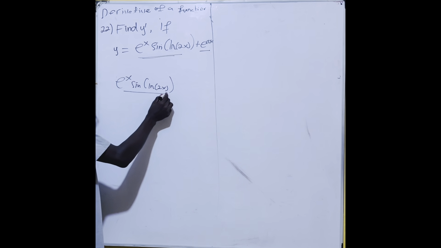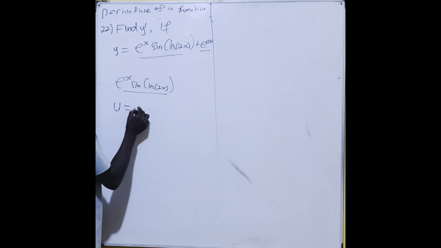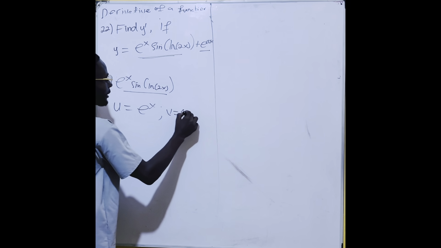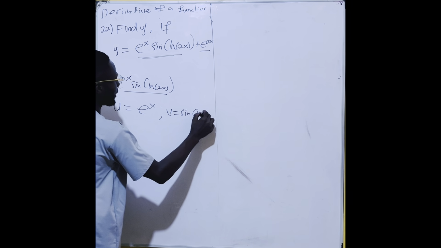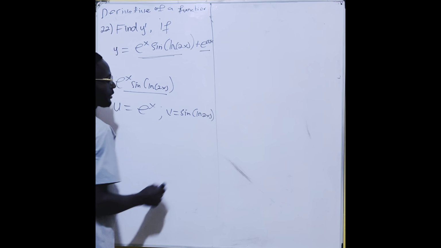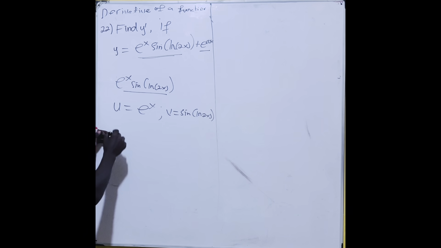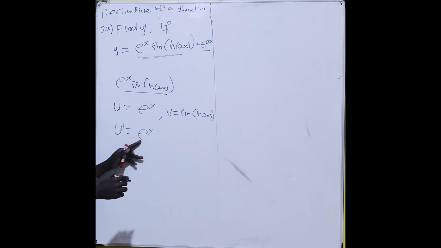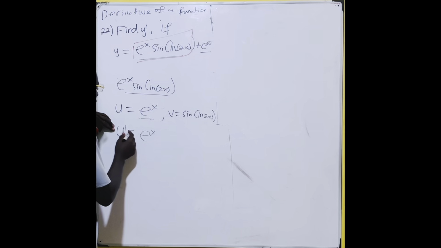We are going to handle this first. So our u is equal to e to the x, and our v is sine into ln 2x, right? So our u prime will be equal to e to the x. You know, when you differentiate an exponential function, it remains the same, which is the u.